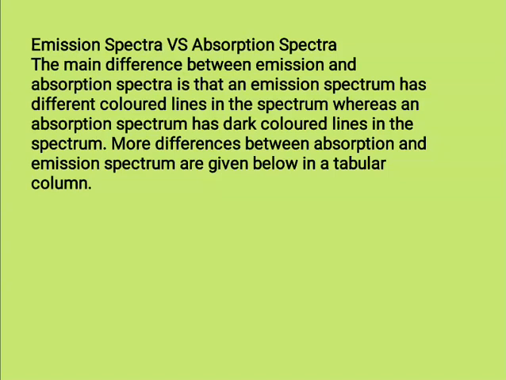Next is emission spectrum versus absorption spectrum. What is the difference between the two types of spectrum? The main difference is that an emission spectrum has different colored lines, whereas an absorption spectrum has some dark lines in an otherwise continuous spectrum.